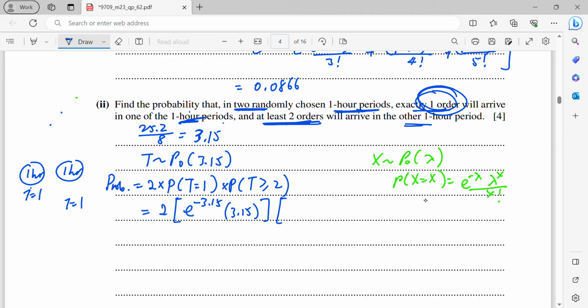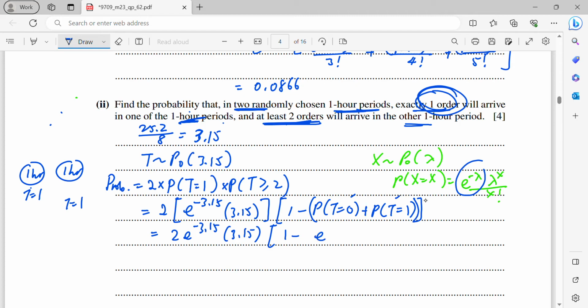And then for P(T ≥ 2), this is going to be 1 minus P(T=0) minus P(T=1). So here I will write 2e^(-3.15) times 3.15, then times [1 minus...]. When P(T=0) and P(T=1), I know that the common factor is the exponential. So here, you can basically factorize the minus and make it plus inside the bracket. So I will write e^(-3.15).